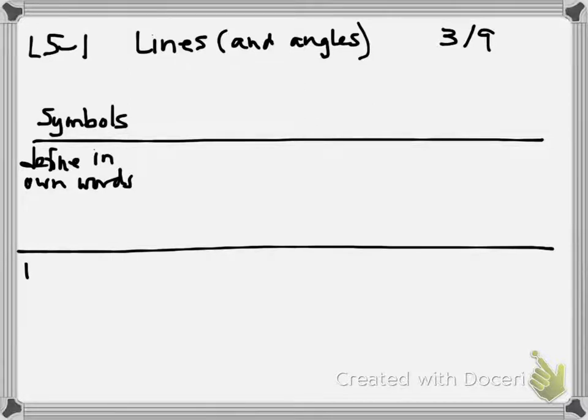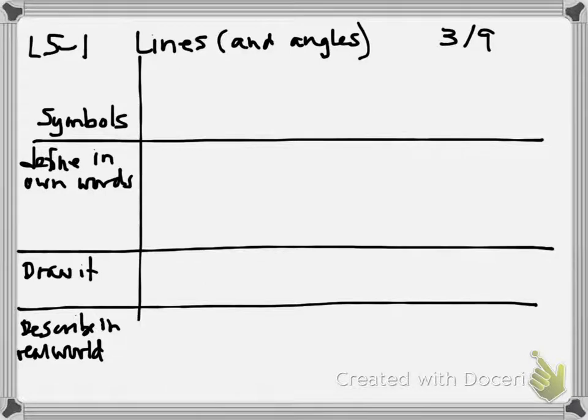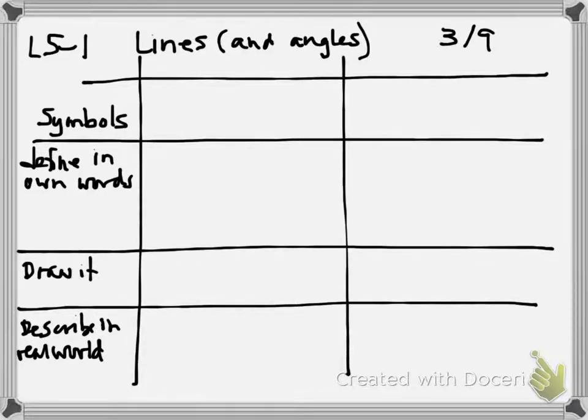You're going to draw it, and you're going to describe it. Real world: what might you see that represents these? So we're going to have 2 columns, and we're going to start with parallel lines.